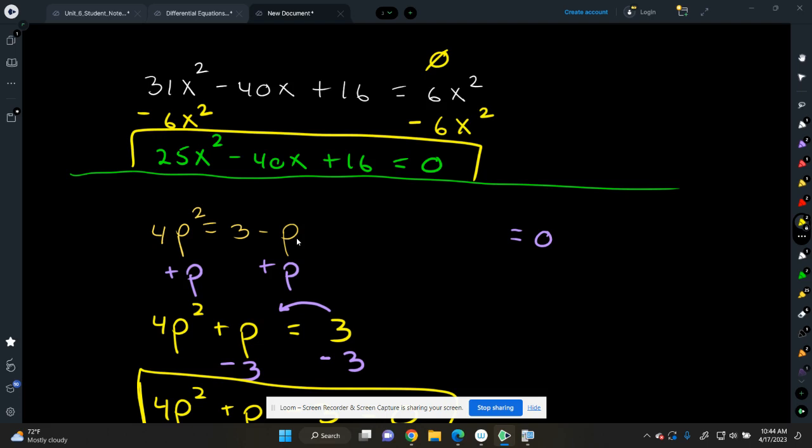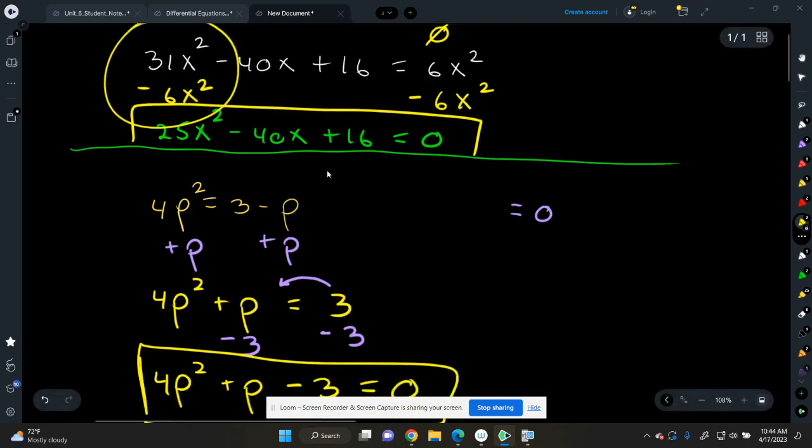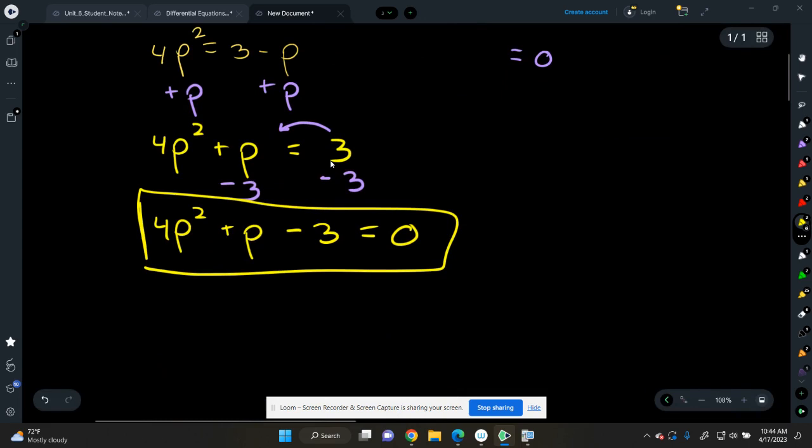So once you moved it, that was it. You were done. You didn't have to do anything more other than the formula, right? So here, when we moved it over, we had to combine our like terms, which sometimes we have to do. On your worksheet, when I moved it over, there was nothing to combine. But I guess that caused confusion.